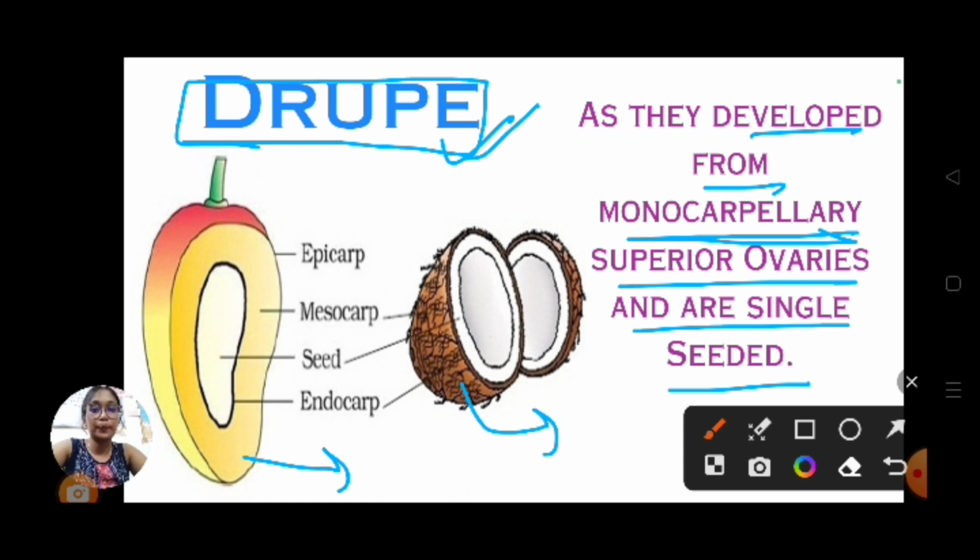Is it clear? Drupe examples are mangoes and coconut. You can see here the pericarp: the epicarp is labeled here, mesocarp, seed and endocarp. Is it clear?